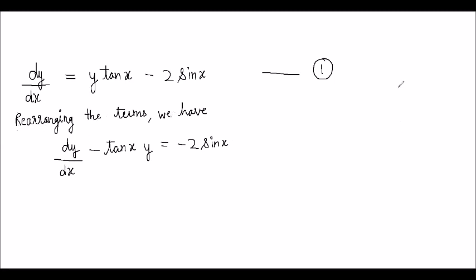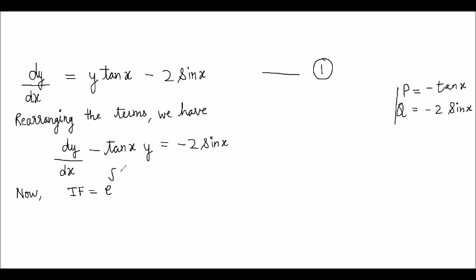Here I can write for your reference that if I compare it, we have p as minus tangent x, q as minus 2 sine x. Now let us find out the integrating factor. We know that it is e raised to integration of p.